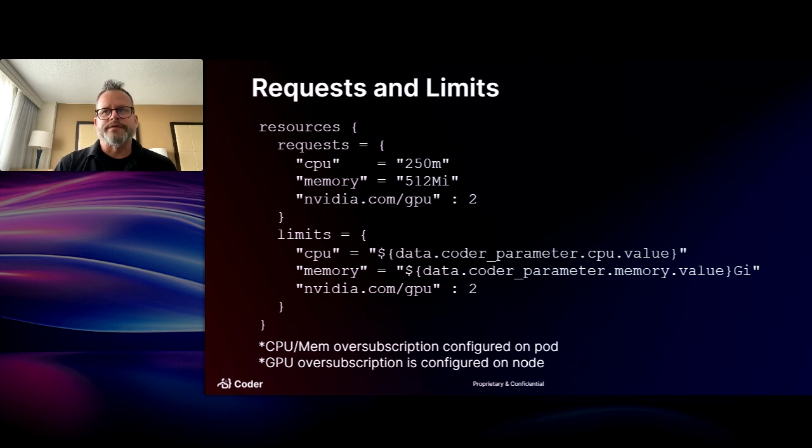So what you could do there is, let's say we give each developer 2. When the 5th developer starts up, it's going to trigger a scaling event. It's going to start a new node. If you had GPU sharing enabled, you could say, allow 8 on this node, and basically you're oversubscribing the GPUs by 2. But your mileage may vary with that, but it is possible.